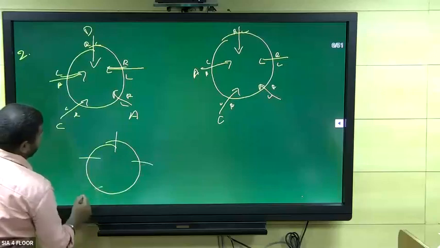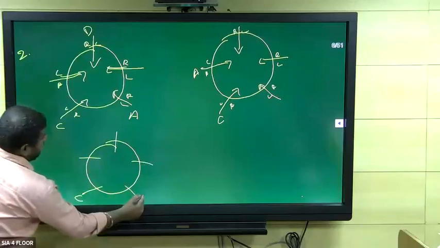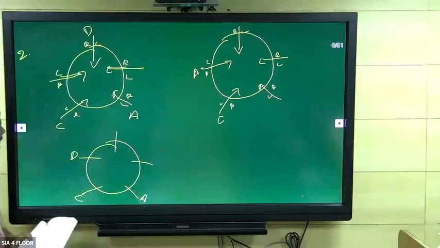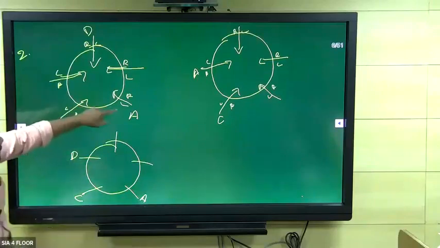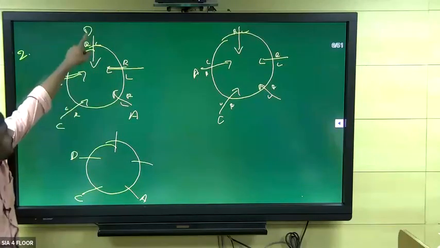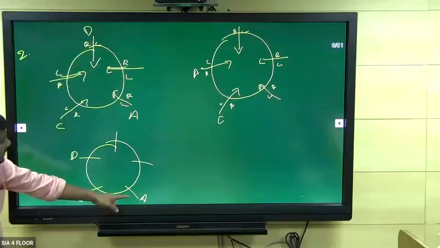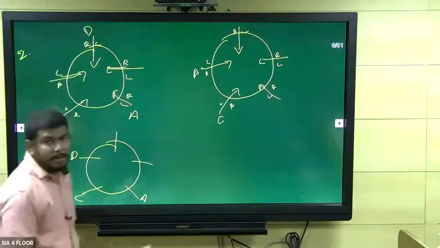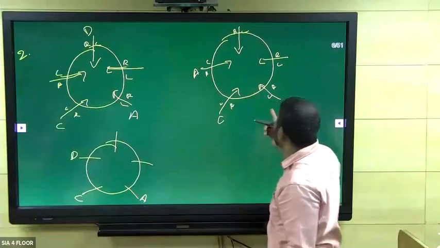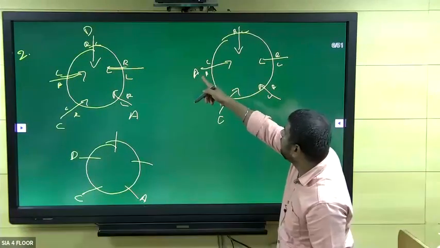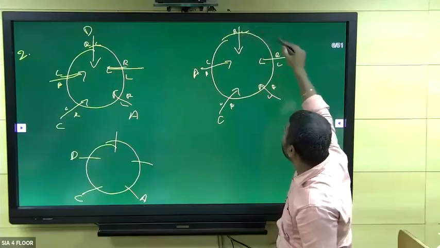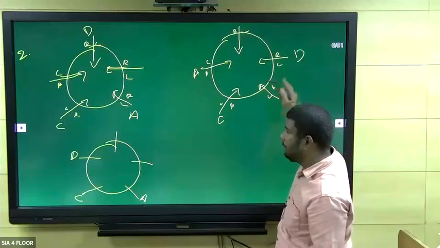Now C, A, D should come here. The same diagram: if D is on the right side of A, then D will come here. If D is on the left side, then D will come here. So finished, right? So next statement. A is here. So we need to take D 2 seats away, then this is one possibility.